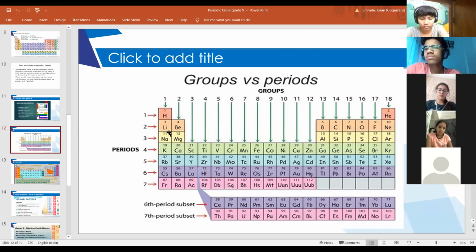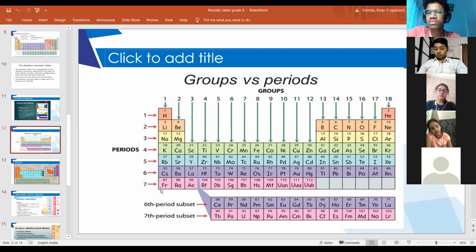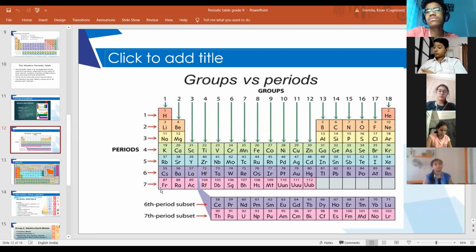As the size of the atom increases, the distance from the nucleus to the last electron, the valence shell, will be more. If the electron is far from the nucleus, the force of attraction between nucleus and electron will be very less, right?